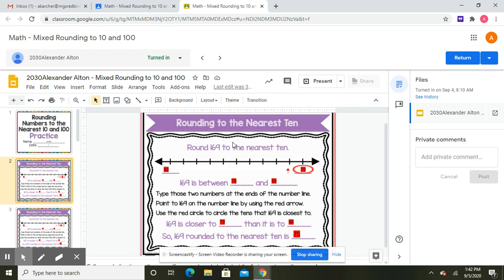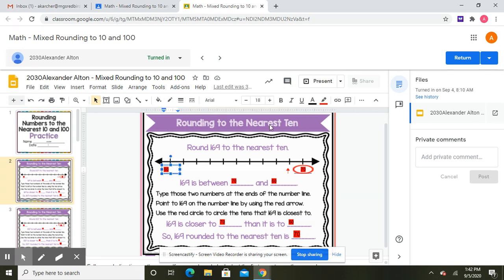All right, so when we round numbers, make sure that even though we're rounding to the nearest 10, when we look at the number line, we don't leave the number in the hundreds place out. So the 169 you have is between 60 and 70 on a number line. That can't be possible if it's 169.